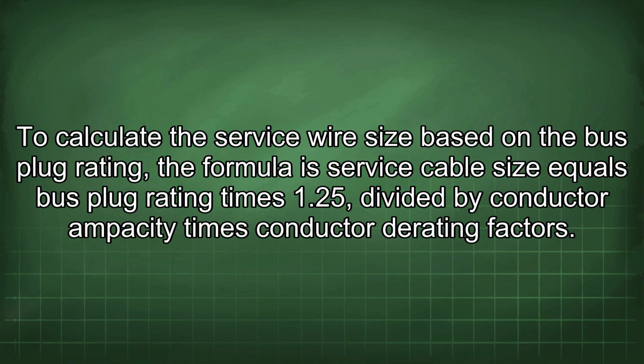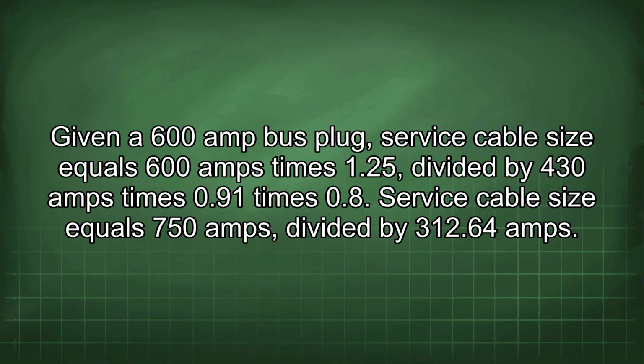Fifthly, service wire calculation. To calculate the service wire size based on the bus plug rating, the formula is service cable size equals bus plug rating times 1.25 divided by conductor ampacity times conductor derating factors. Given a 600 amp bus plug, service cable size equals 600 amps times 1.25 divided by 430 amps times 0.91 times 0.8.